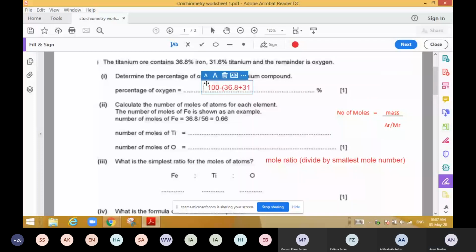The complete sample is 100, and I wrote 36.8 plus 31.6, and whatever the answer will be, I have to subtract it from 100. That will be the percentage of oxygen. What is the answer? 31.6%.